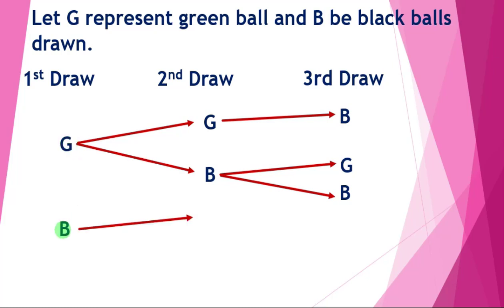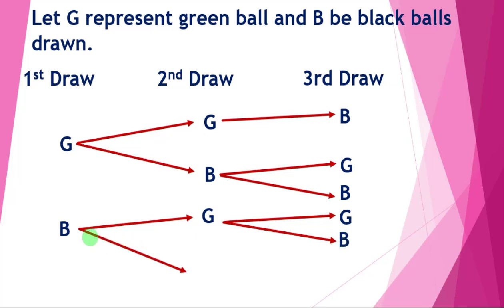What about if we start with the black ball? Given the first draw is black, the second draw is the green ball, and the third draw could be G or B. So we still satisfy the condition in the problem that there are 2 green balls. Next is given B in the first and B in the second.